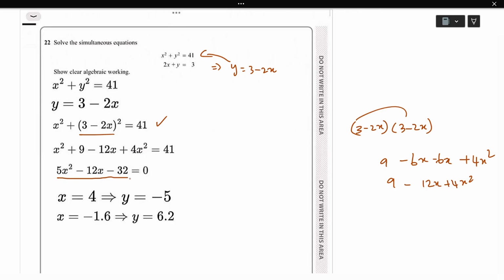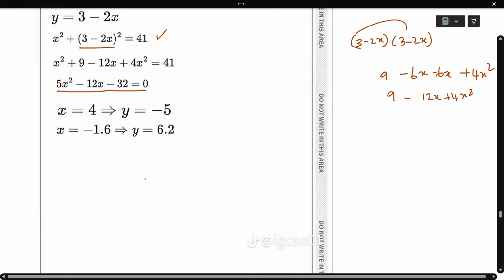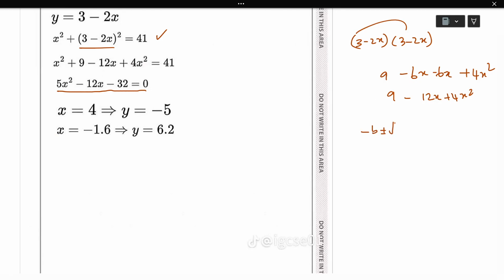We are getting a quadratic equation after solving this. Now we are solving the quadratic equation with the quadratic formula. The quadratic formula is minus b plus or minus square root of b squared minus 4ac, over 2a. So here minus b, which is plus 12. 12 plus or minus square root of minus 12 whole squared minus 4 into 5 into negative 32, over 2 times a, which is 5.